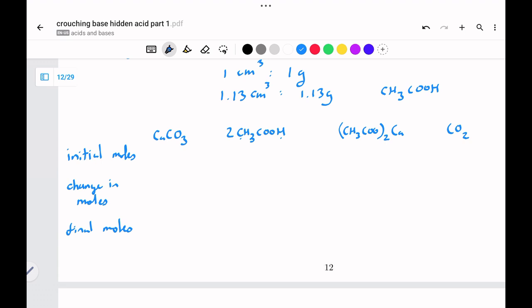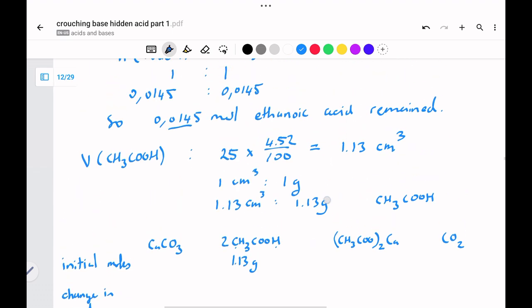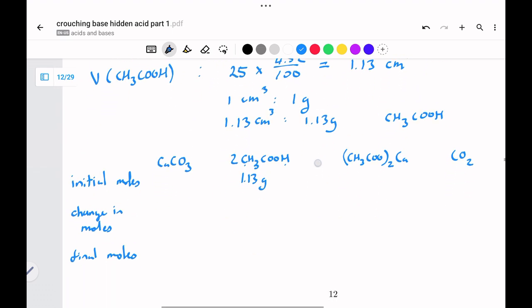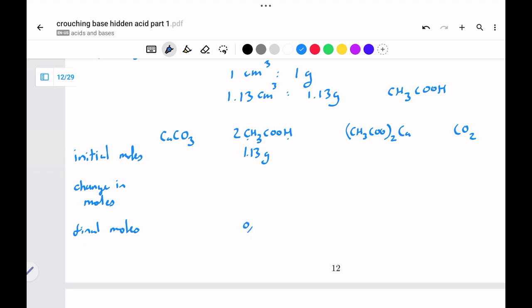Okay, so I haven't yet got the initial moles, but I know it has to do with this mass. And the final moles I do have, 0.0145. Okay, so clearly, if I can get these moles, then I have to take the difference between these two, get this figure.